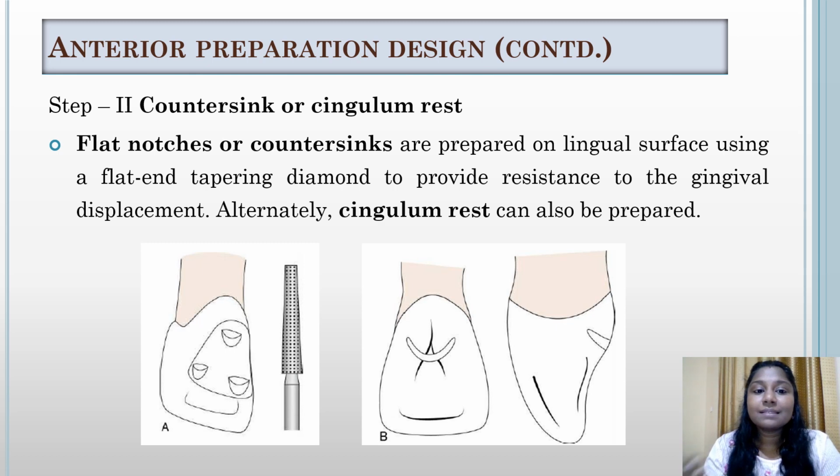The second step is the countersink or cingulum rest preparation. We use flat notches or countersinks prepared on the lingual surface using a flattened tapering diamond bur. This provides enough resistance to gingival displacement, and alternatively, a cingulum rest can also be prepared.